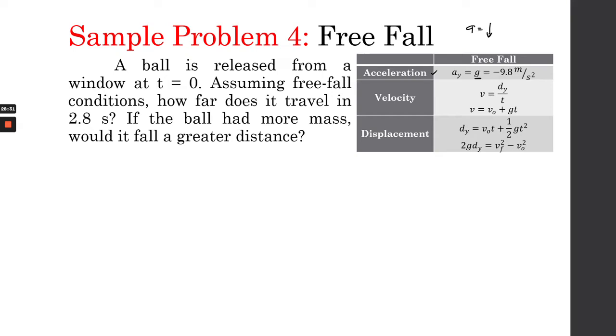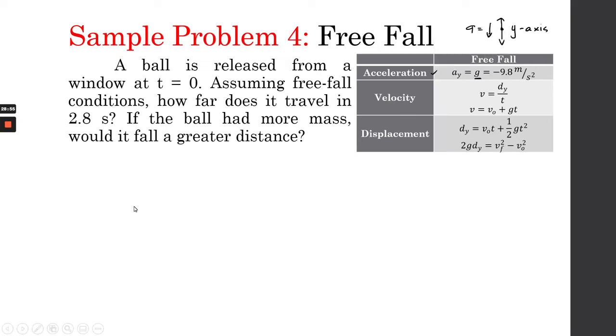And we are also dealing with the y-axis. For uniform motion and acceleration, we are mostly dealing with motion along the x-axis, but for free fall, we are dealing with motion along the y-axis. So we are going up or going down from our point of origin.